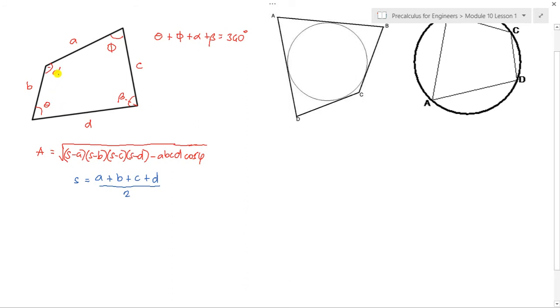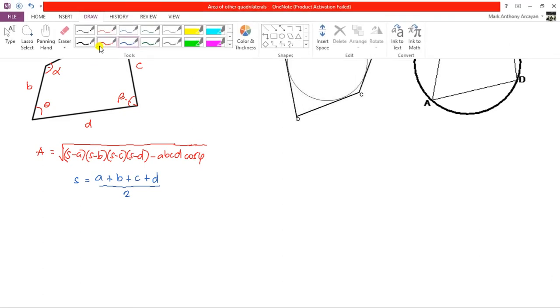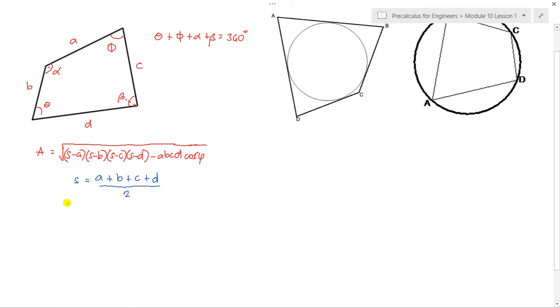The given here are only alpha, theta, phi, and beta. So to solve for gamma, it is equal to the sum of two opposite angles divided by 2. So that is theta plus phi all over 2, or alpha plus beta all over 2.